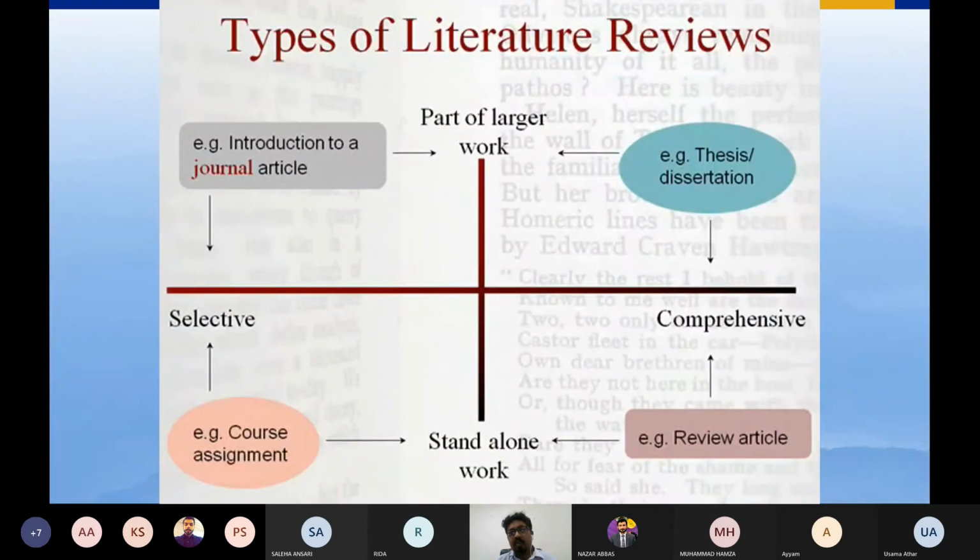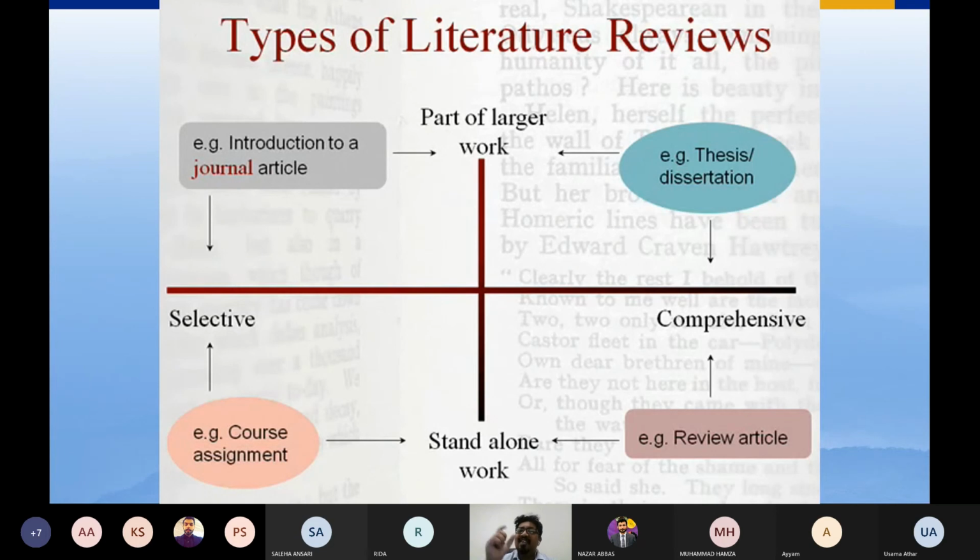Okay, so then, types of literature review. The question from students is, sir, how big should a literature review be? When you are writing a journal article or your course assignment, you are assigned a very particular topic, a very concise objective. A journal article is based on one objective, so we are very focused on only one objective.